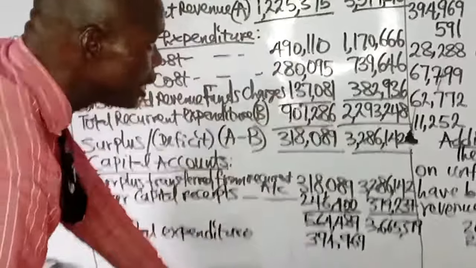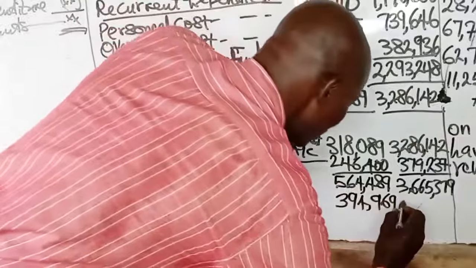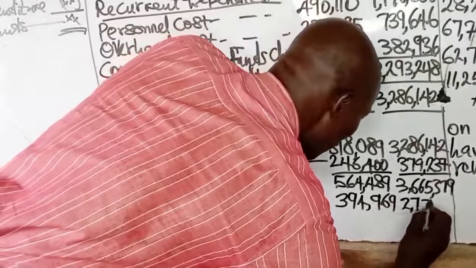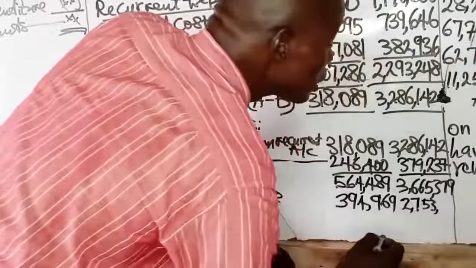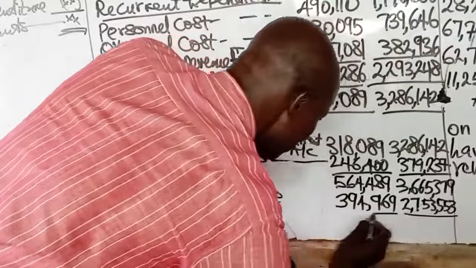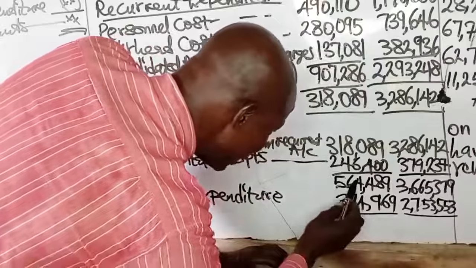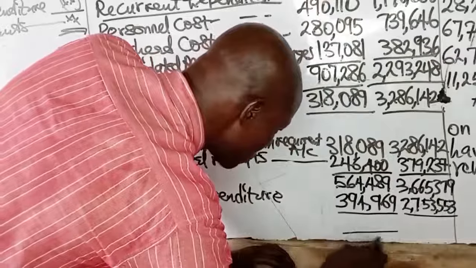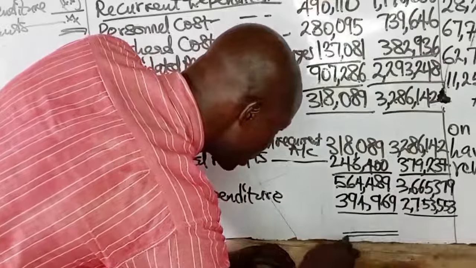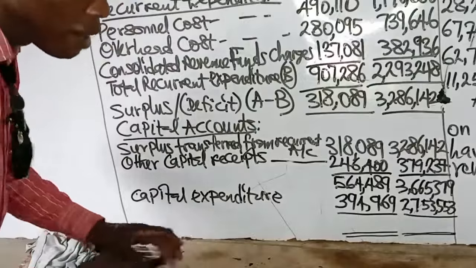Then 2018 capital expenditure 2,753,553. Then the receipt or income is greater than the expenditure. So you'll be having a surplus. And this surplus will be transferred to capital development funds.